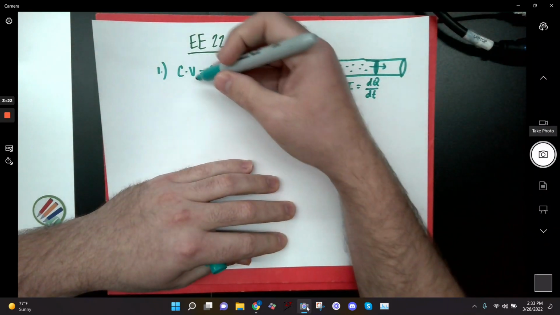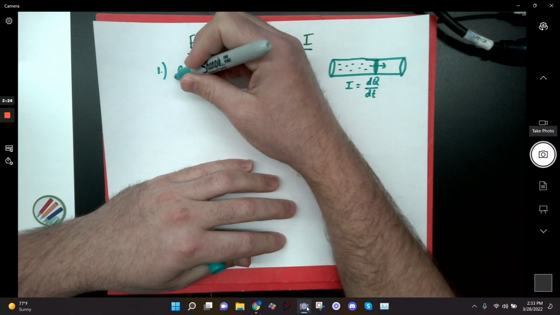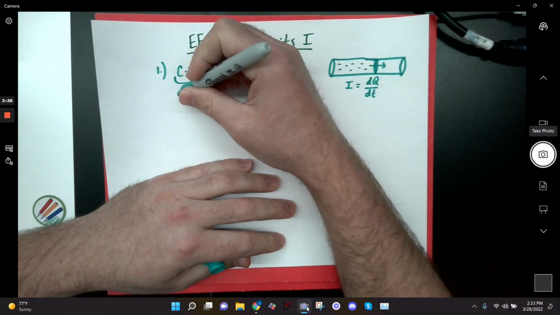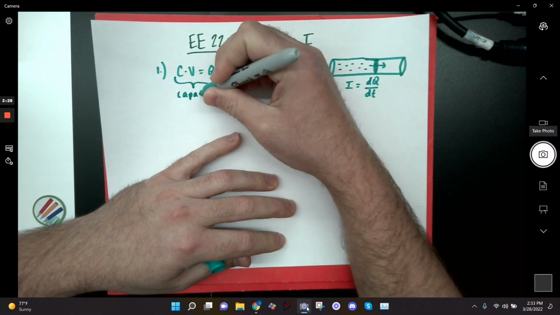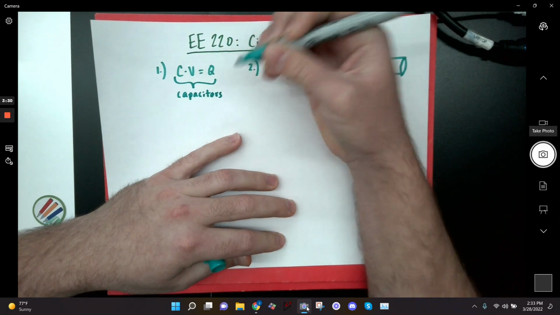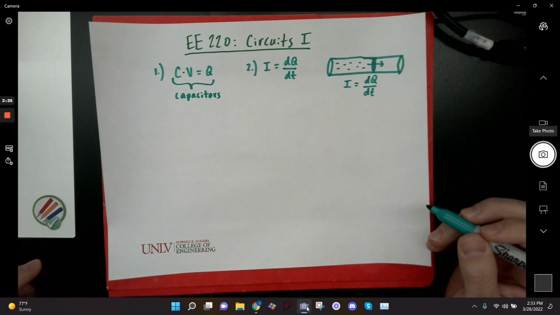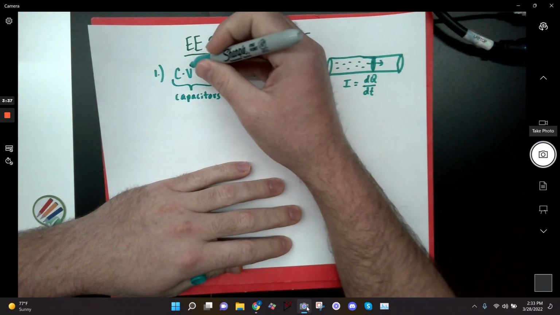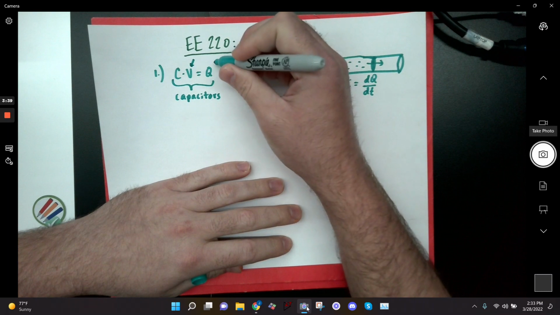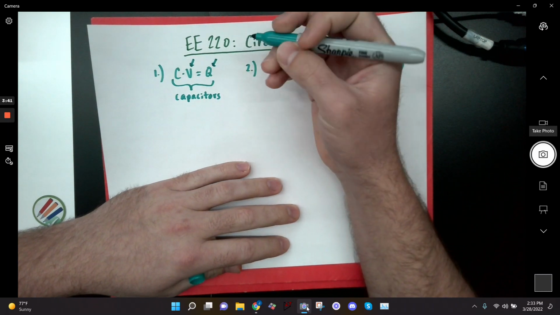So if I come back over to this equation, which governs the operation and charge of capacitors, I can take the derivative of both sides of this equation with respect to time, where voltage across the capacitor and the charge stored on the capacitor are both functions of time.